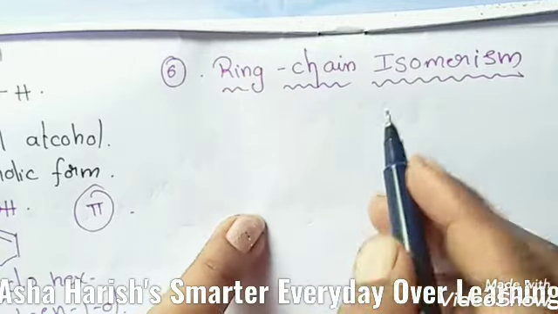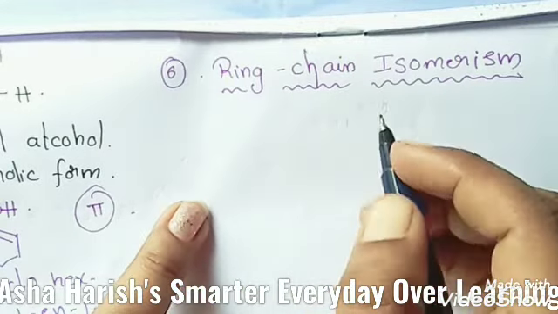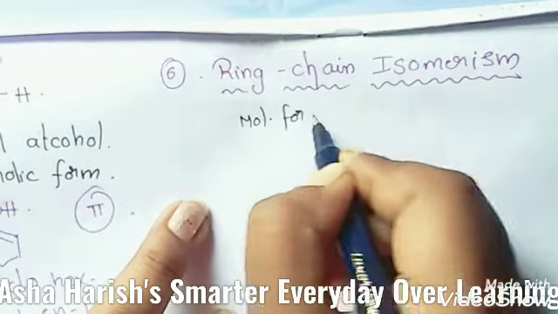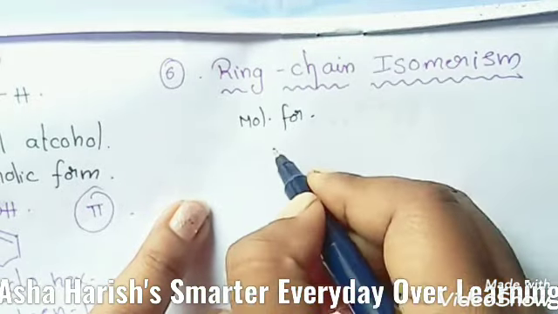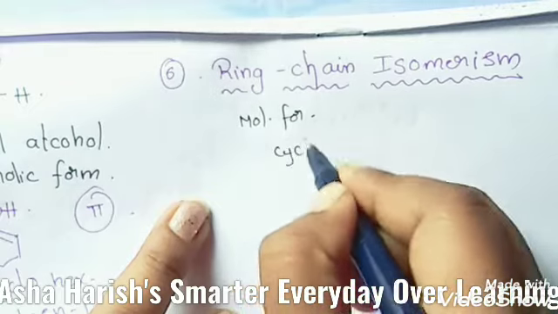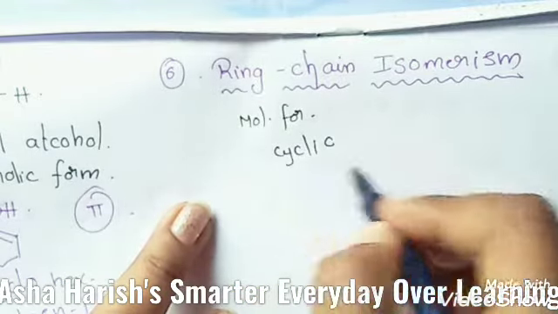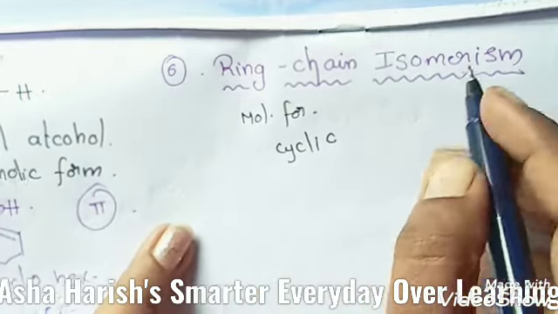And the last one is ring chain isomerism. Compounds having the same molecular formula but possessing open chain and cyclic structures are called ring chain isomers, and this phenomenon is known as ring chain isomerism.